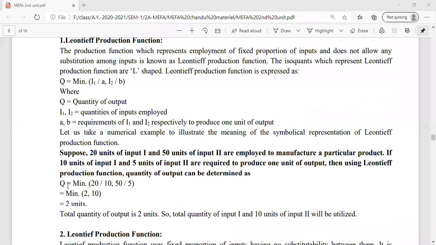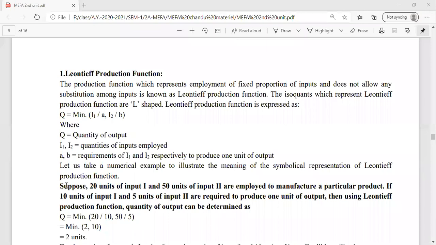So what is this Leontief production function saying? Generally, this Leontief production function is the case where we can't substitute one input with another. Previously, when we discussed the isoquants, for one input we can substitute the other input, whether increasing or decreasing.